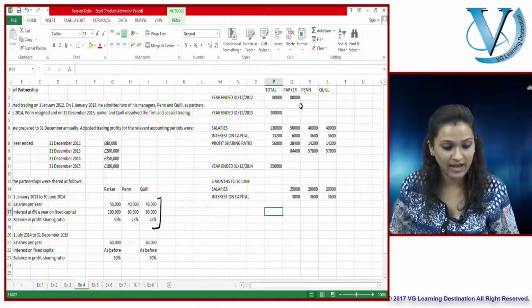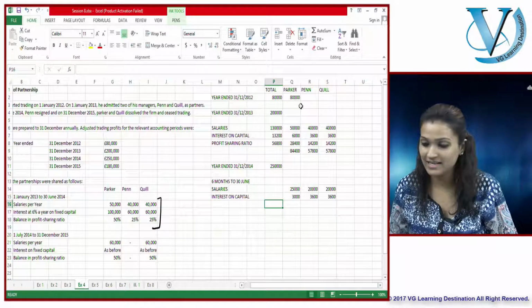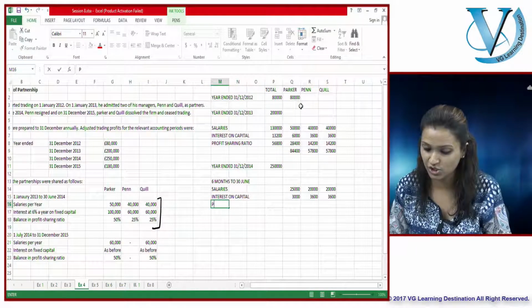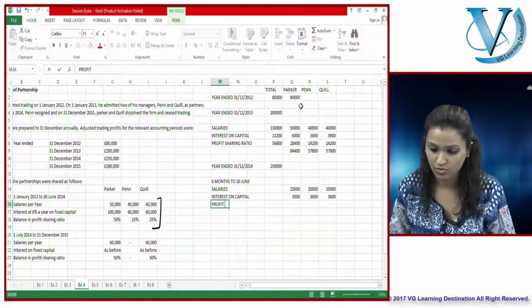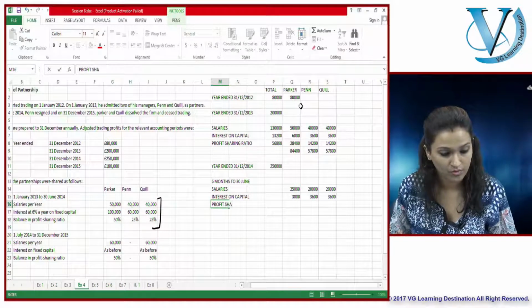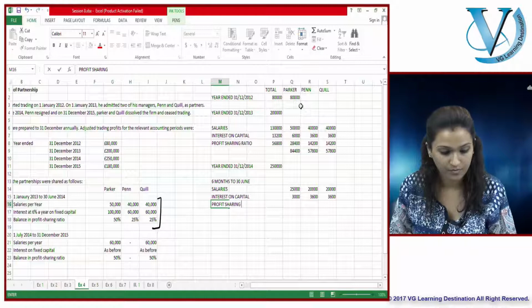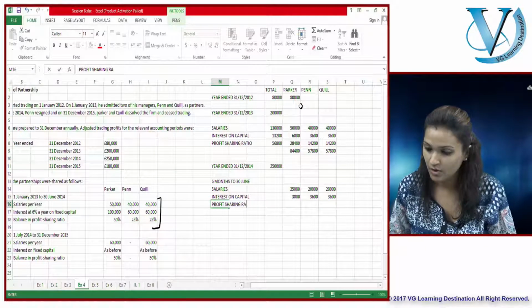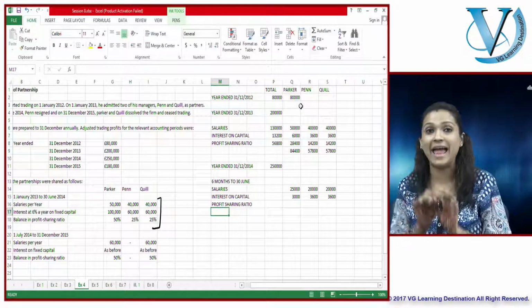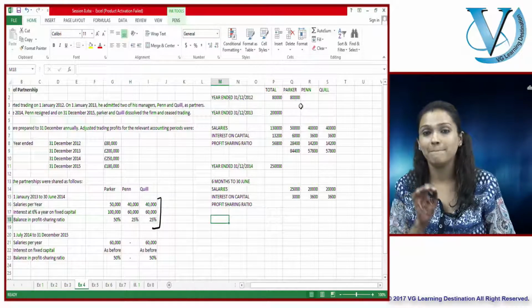Up next, we have the profit sharing ratio, which will be divided after the end of the year. So leave it blank as of now.